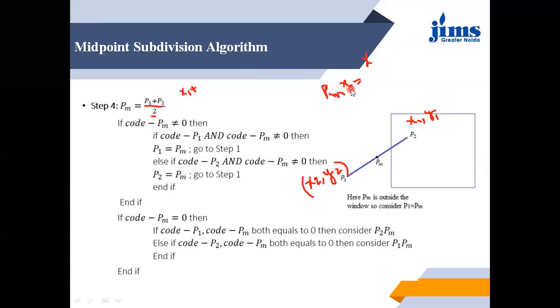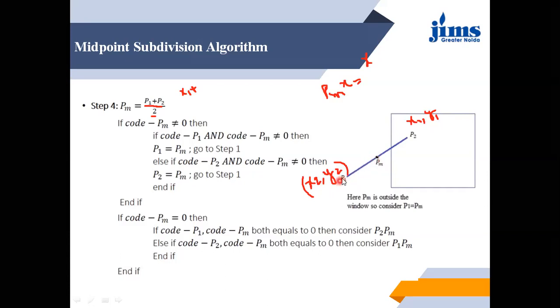So PMx, the x coordinate of the midpoint, is x1 plus x2 divided by 2. And the PMy coordinate value is y1 plus y2 divided by 2. Then we get the values of P1 and PM.